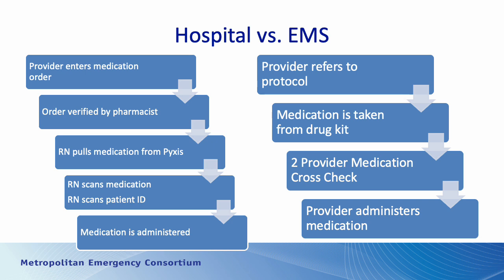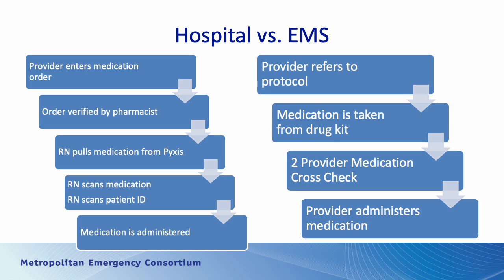How about for us? Well, the EMS provider refers to the protocol or knows what the protocol is. They take the medication out of the drug kit. The drug kit is wide open. They can grab the wrong medication if they're not paying attention, especially if it's not in the drug safe.